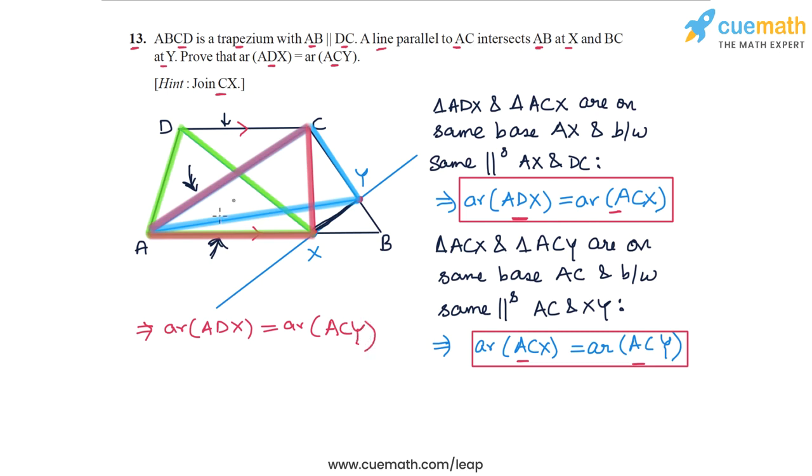So if I make this red triangle invisible, the triangle we used to show this equality, we can now see that the area of ADX and ACY will be equal. So this completes the proof of question 13.